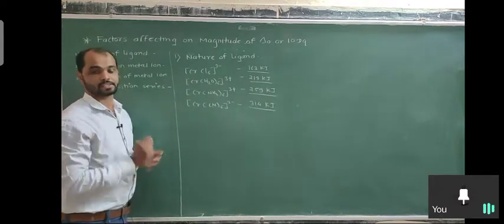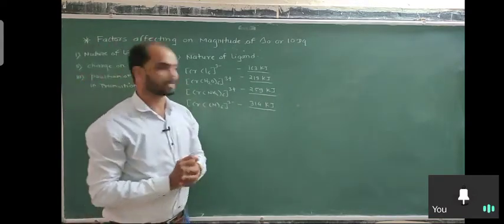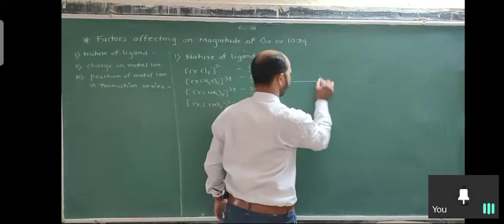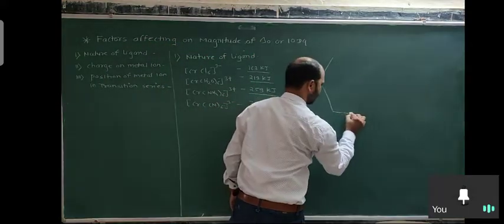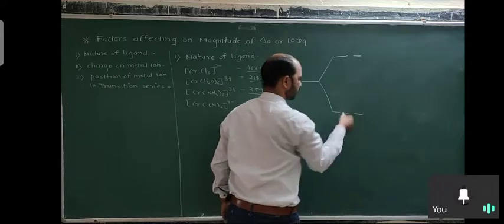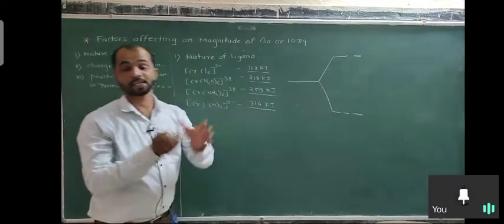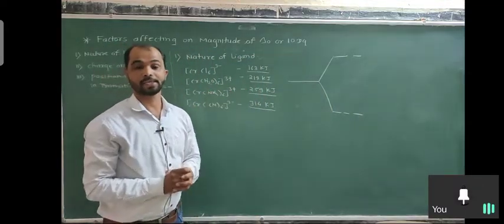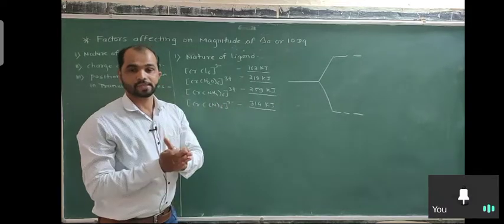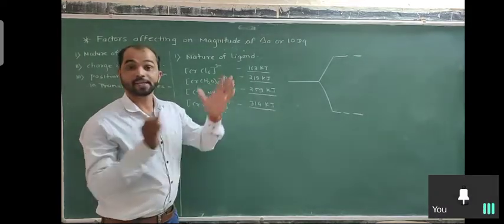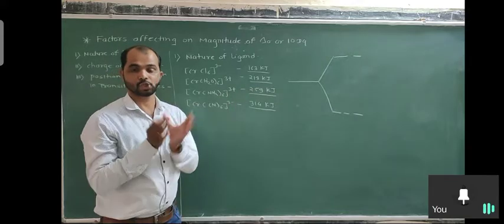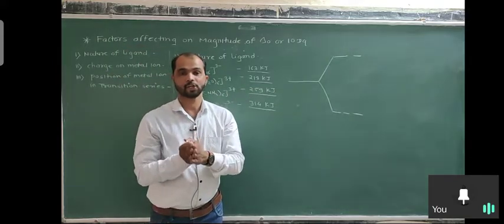The reason is that the 10 Dq value depends on how the ligands are responsible for the splitting. If splitting is more, the 10 Dq value increases. If splitting is lower, the 10 Dq value decreases.